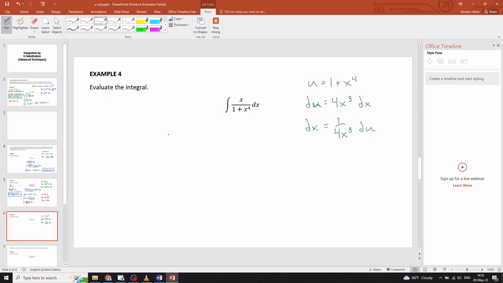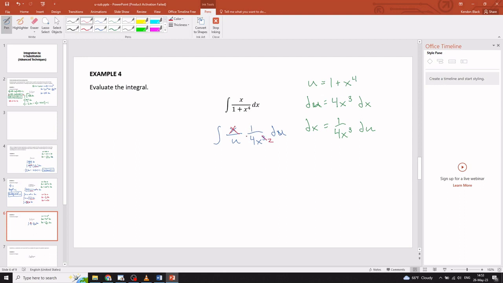Okay, let's make our substitution. So now we have the integral of x over u, and then dx is 1 over 4x cubed du. One of those x's will cancel, so this goes away. This becomes a 2.